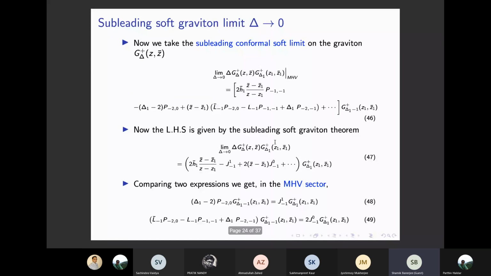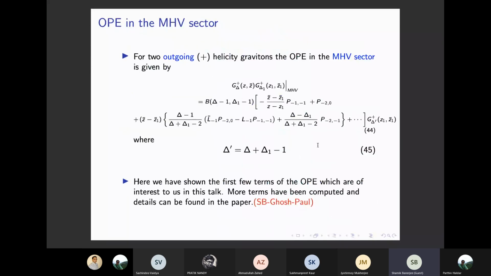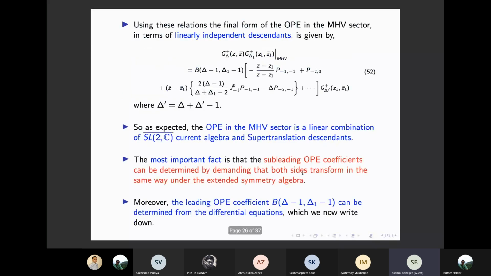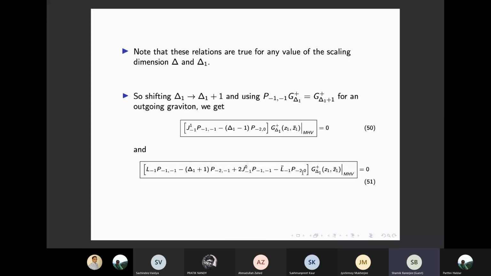What we did was compute this OPE from the explicit expression for the scattering amplitude, and at the end we will show that these can be obtained just from this SL2C bar current algebra and the super translations. But before that, let me show you how they can be turned into the differential equations.